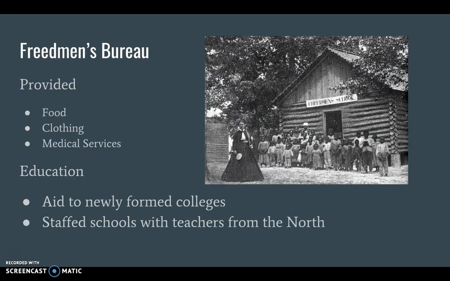transition to freedom. The Freedmen's Bureau achieved one of its greatest successes in the area of education. The Bureau established schools, staffed mostly by teachers from the North. It also gave aid to new African American institutions of higher learning, such as Atlanta University, Howard University, and Fisk University.